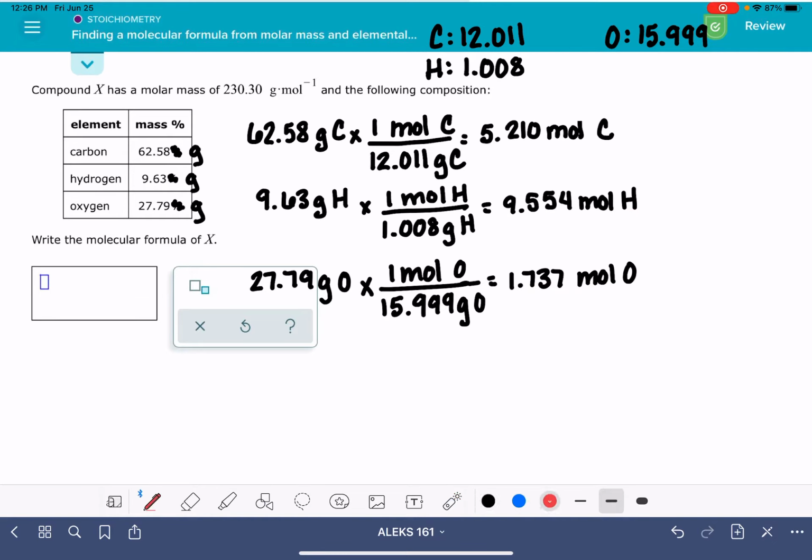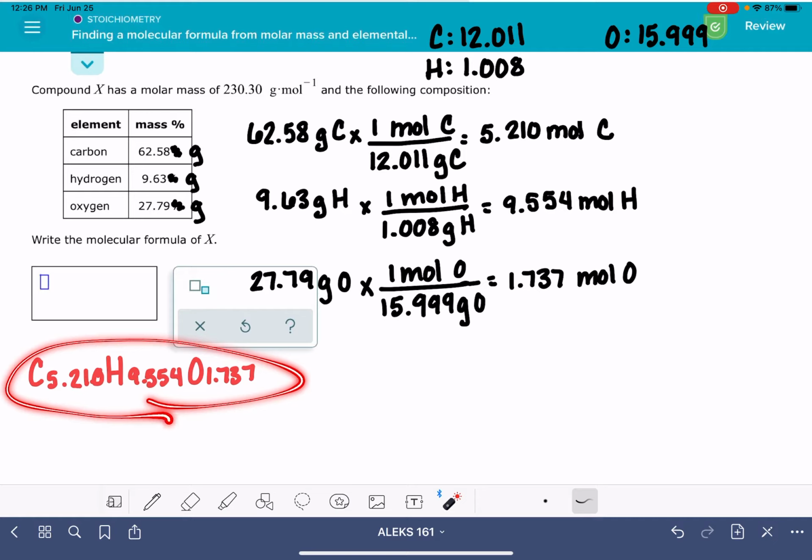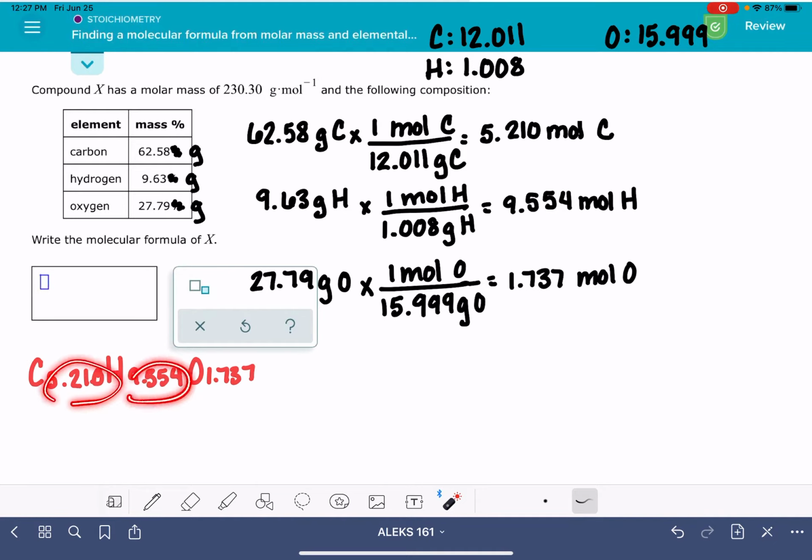Kind of as a reminder, as a visual, what we have figured out is that our formula is C 5.210, H 9.554, O 1.737, and this doesn't work because these are not integers. We want our subscripts to be integers. So to turn these into integers, we're going to look at all three of our mole values.